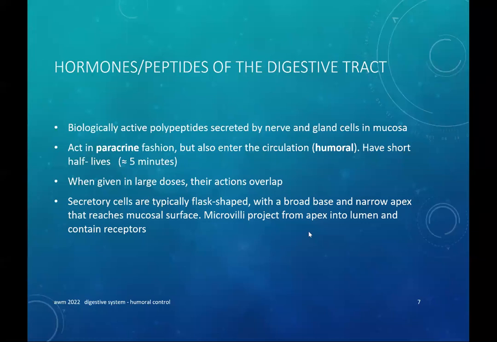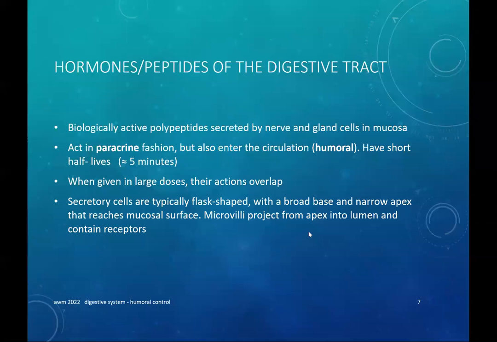They affect more than the motility. So that's why I was saying that when they're given in large doses, their actions tend to overlap. So sometimes it's difficult to know whether this increase in secretion was because of chemical A, B, or C, or what it was. That's what has caused the problem in studying and understanding how they function.